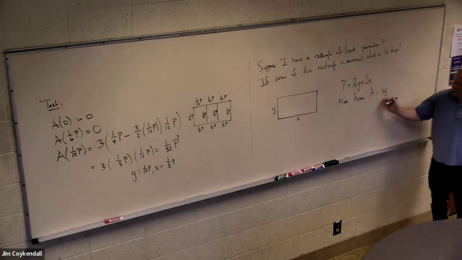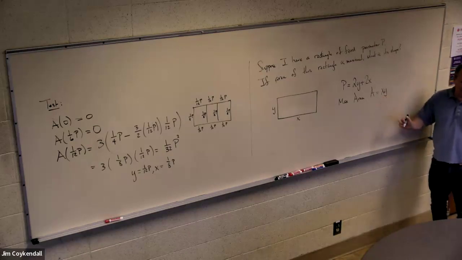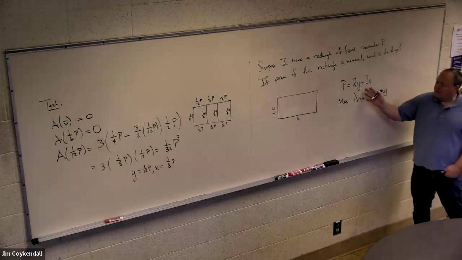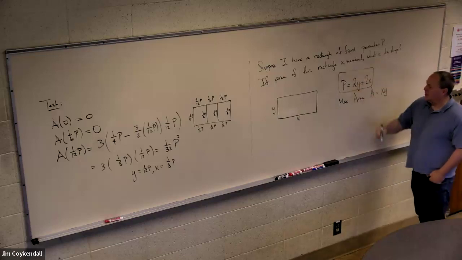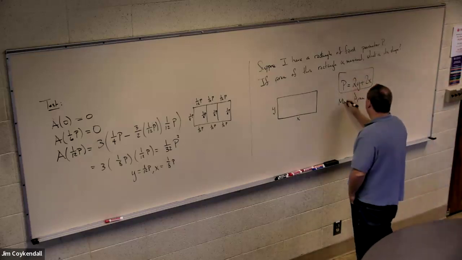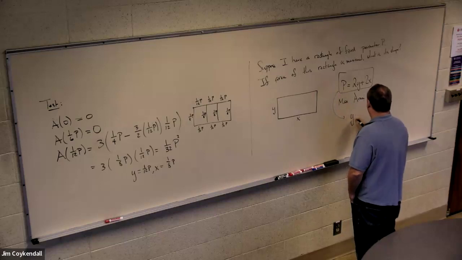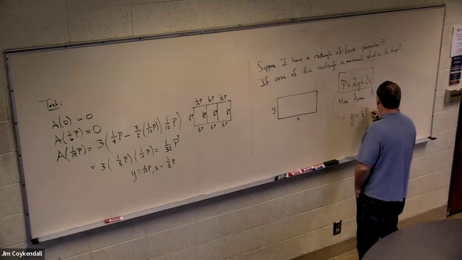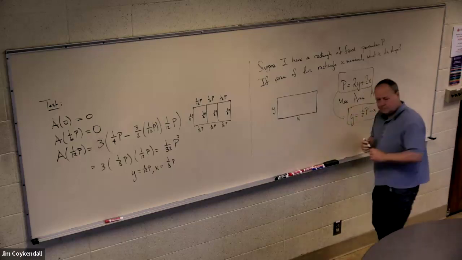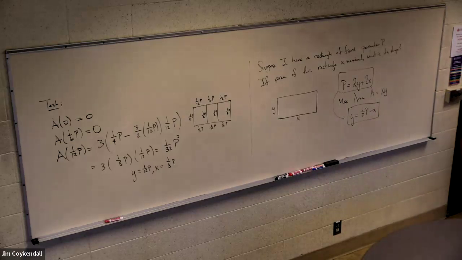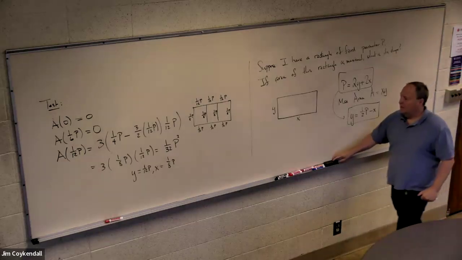How many variables do we have here in the thing that we're trying to maximize? Two. This is usually a hint that we've got to get rid of something. But this perimeter equation affords me the chance to replace y with something in terms of x. So if I solve this equation, y is 1/2 p minus x.